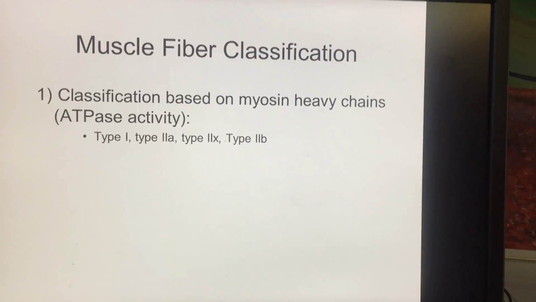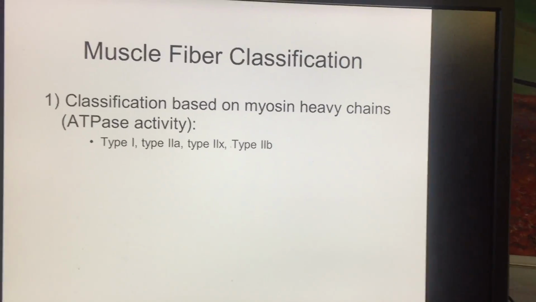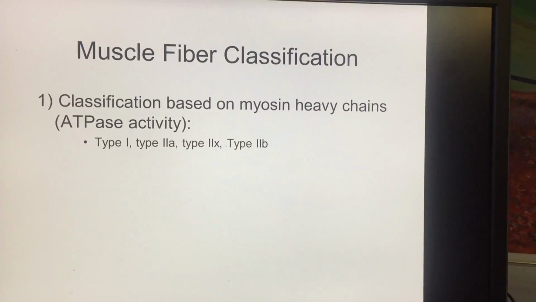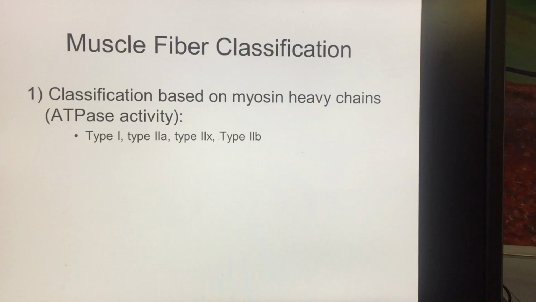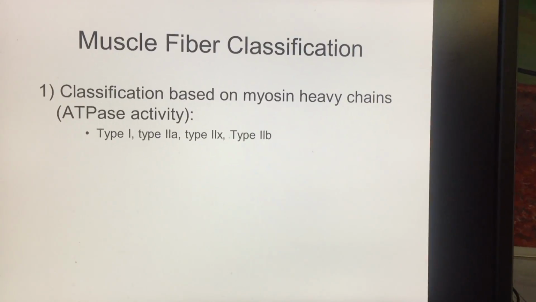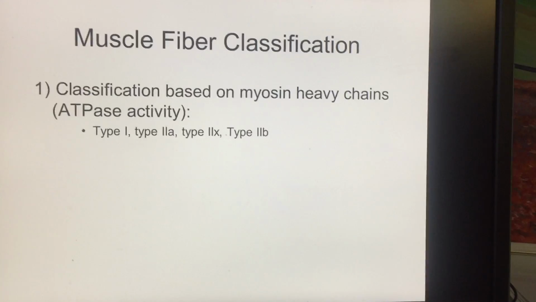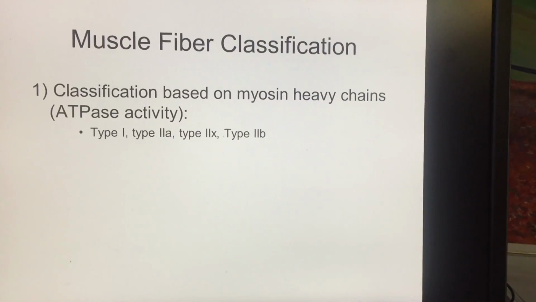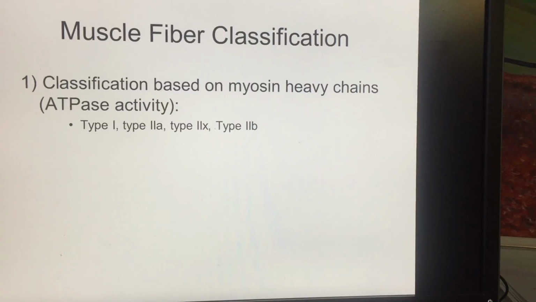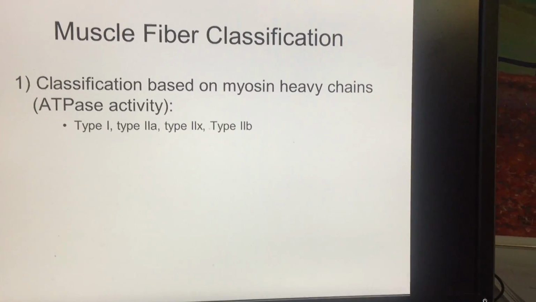This first fiber classification scheme is based on the ATPase activity of your myosin heavy chains. The main fiber types here are type 1, 2A, and 2X, and those exist in humans. Type 2B are the fastest fiber types, and those exist in other animal species but are not found in humans.